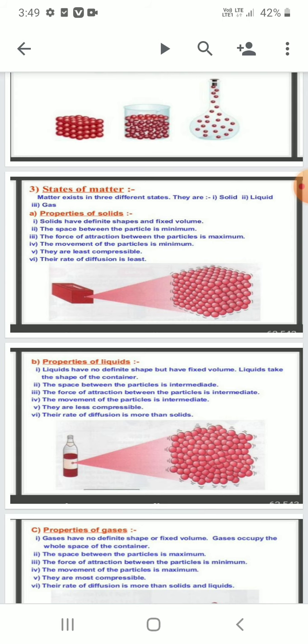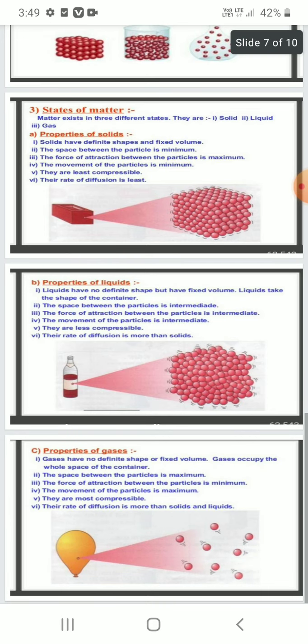The space between the particles is minimum, very very less. Between two particles you can experience only a little space. That is why they say that the space between the particles is minimum. In some books they will give it as the space between the particles is negligible, because it is very less.